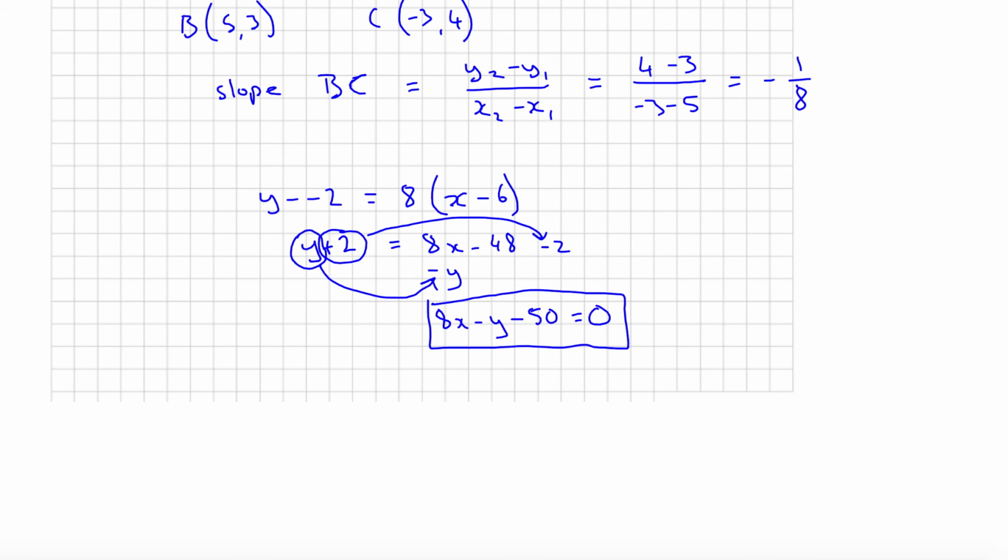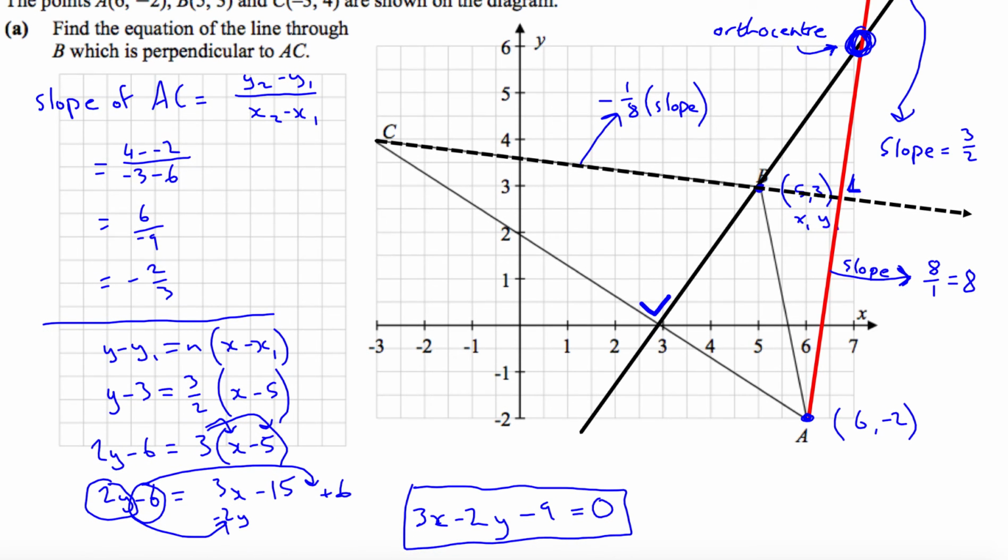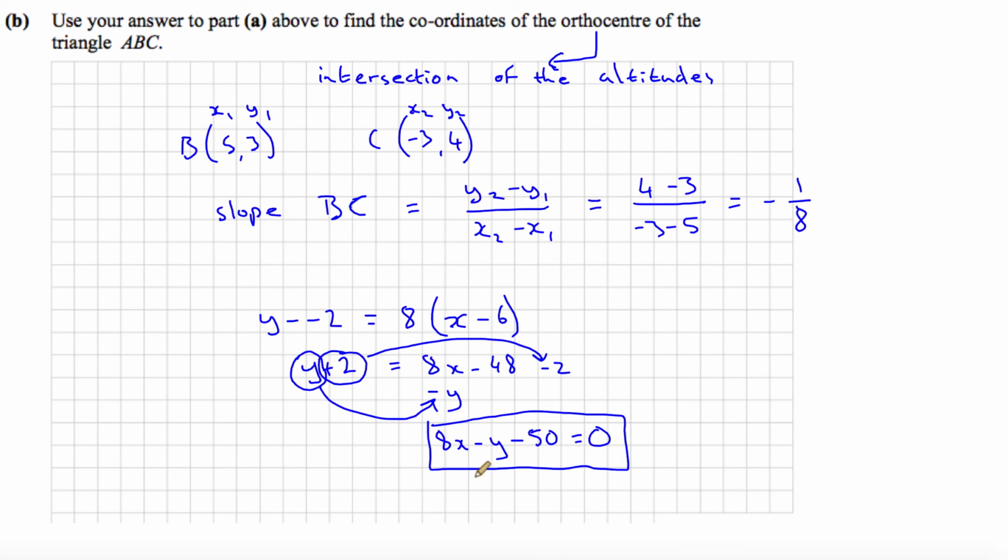So now I have the equation of the red line and I have the equation of the line BC, the black line here. So now what I'm going to do is solve them simultaneously.